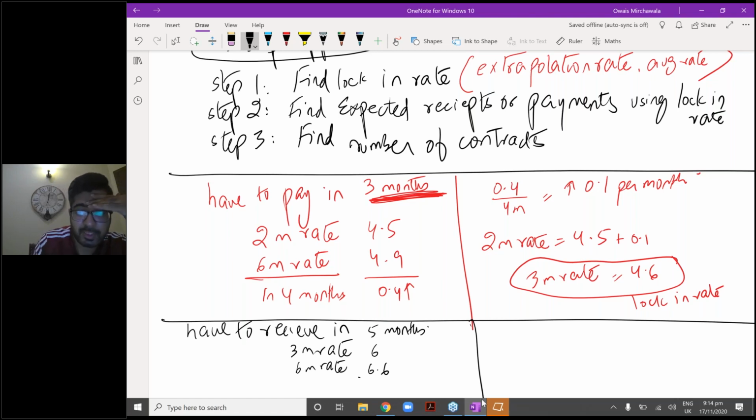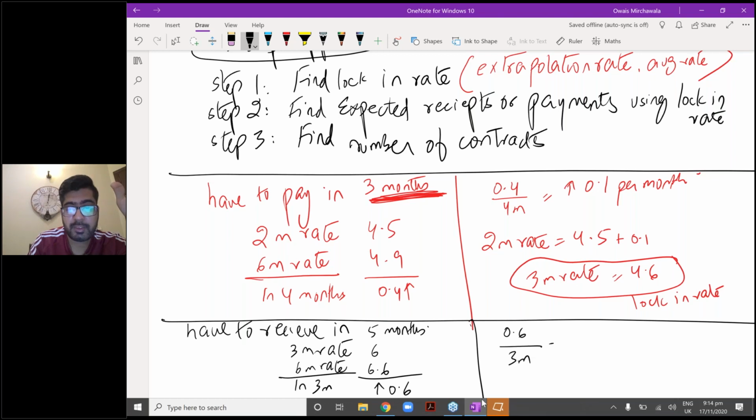Apply the averaging strategy. What is the trend? Rising by 0.6 in 3 months. So rising by 0.6 in 3 months means per month it is rising by 0.2. You need a 5-month rate.